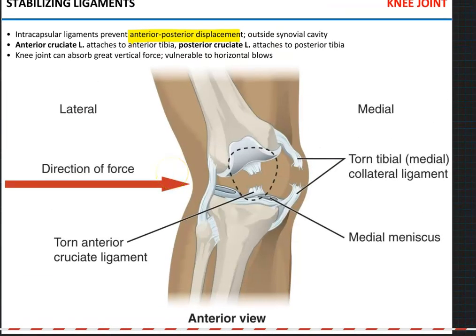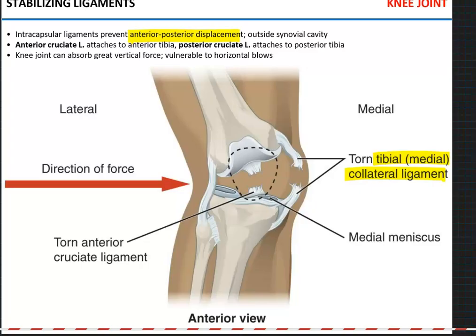So when you see the direction of force, right? The first thing that snaps is actually TCL, tibial collateral ligament, on the opposite side. So you're getting tackled from the outside, shoulder to the knee. Does that make sense?